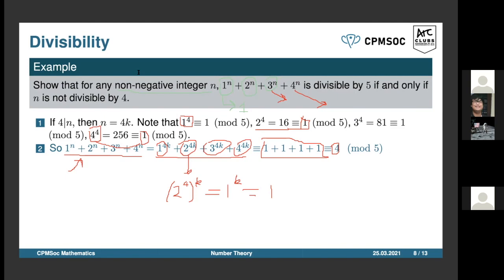And in fact, that is the contrapositive of one of the directions we want to prove. So this proves that if the expression is divisible by 5, then n is not divisible by 4. What we proved here is the contrapositive of the forwards direction. All right, so we can move on to the next slide.